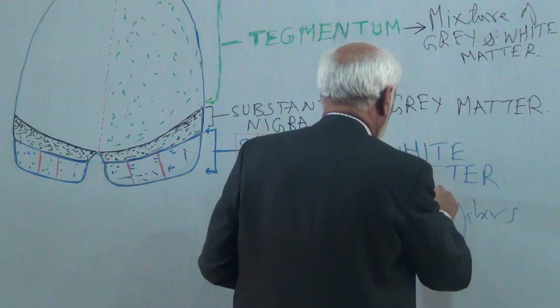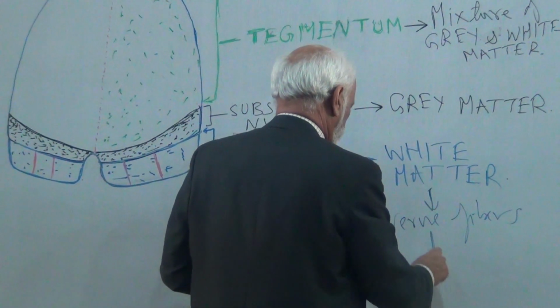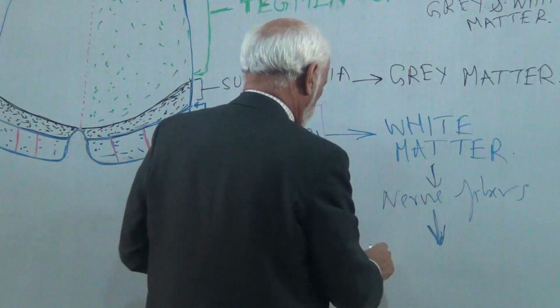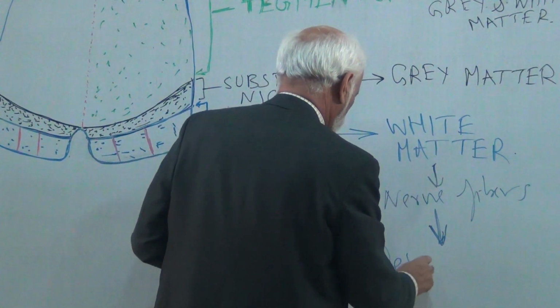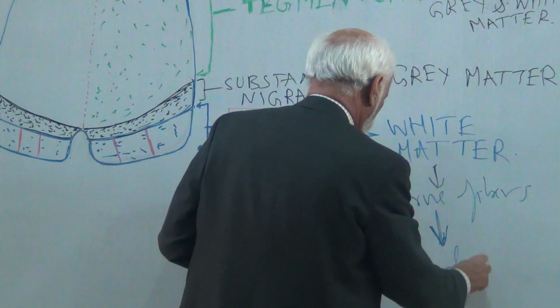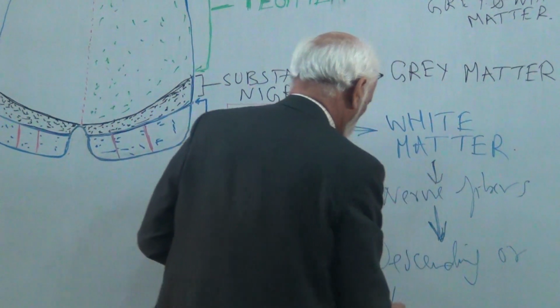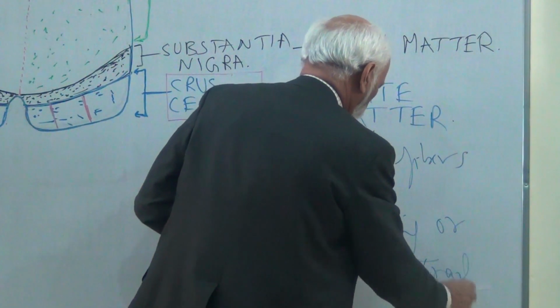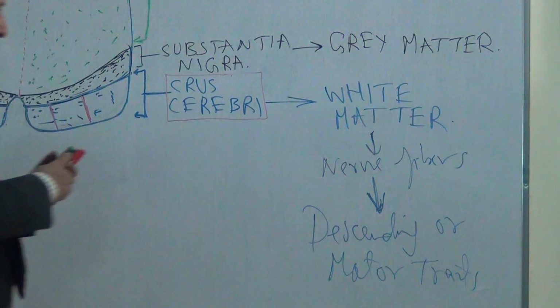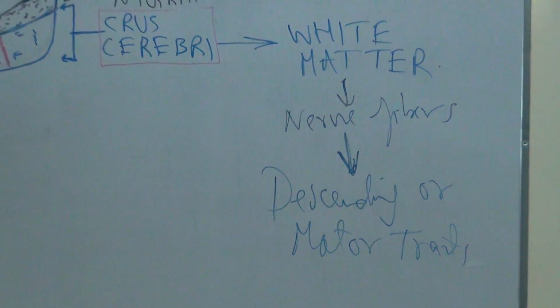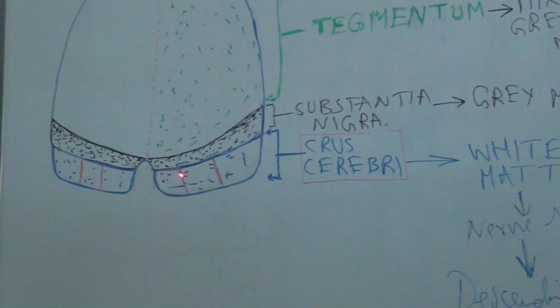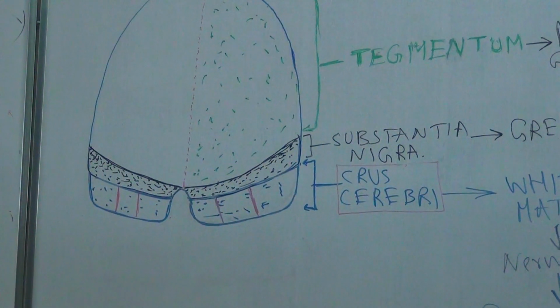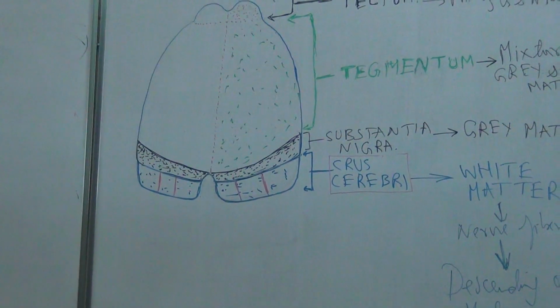Nerve fibers running in the form of tracts, that is descending tracts. Descending are motor tracts. In each crus cerebri, there is no gray matter, only white matter.